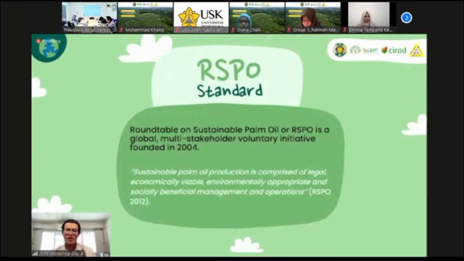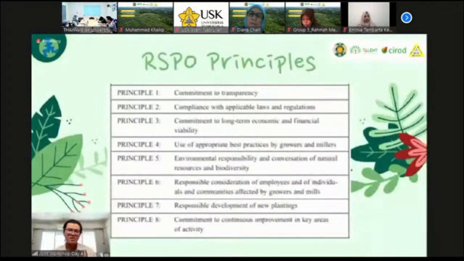RSPO standards cover a broad range of sustainability aspects and can have a decisive impact on the environmental and social effects of palm oil production. Sustainable palm oil production is comprised of legal, economically viable, environmentally appropriate, and socially beneficial management and operation. RSPO sustainability principles: there are 8 principles.